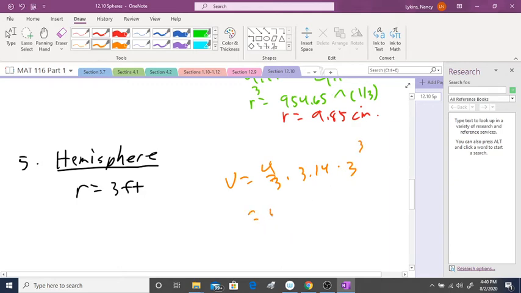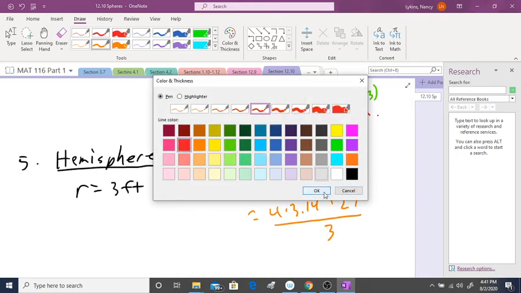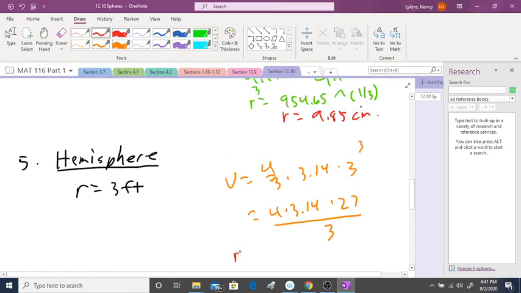So this would actually be 4 times 3.14 times 27, since 3 to the 3rd power is the same as 3 times 3 times 3, which is 27. Put that over 3. In this case, our volume is going to be 113.04.